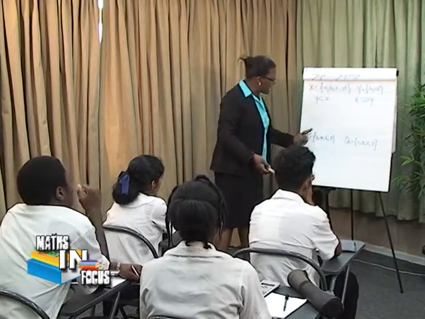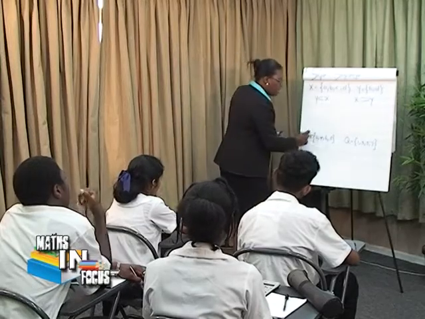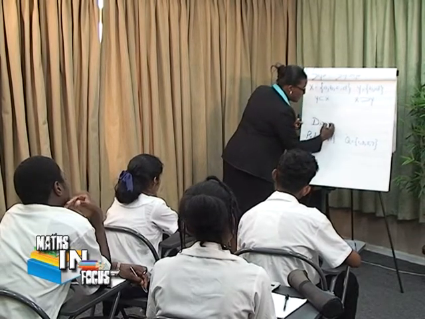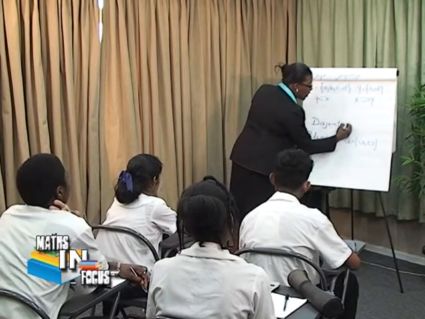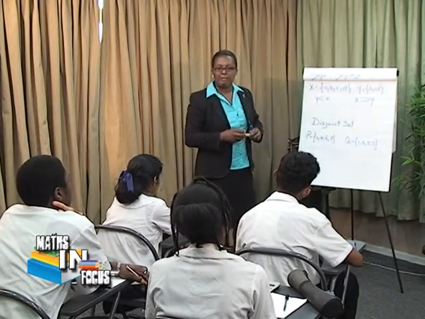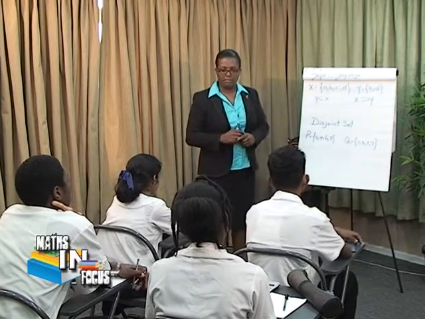When you look at P and Q, do you see any element in common? No. So we call P and Q disjoint sets. And why are they called disjoint sets? Because they have no element in common.